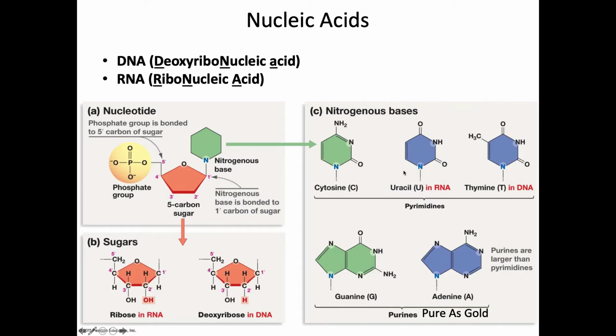And then the others are single ring structures. These are your pyrimidines. They include cytosine, thymine, and when you think of thymine, think of uracil in RNA. One way to remember which ones are pyrimidines is that pyrimidine has a Y in it, cytosine has a Y in it, thymine has a Y in it, and when you think of thymine, think of uracil.